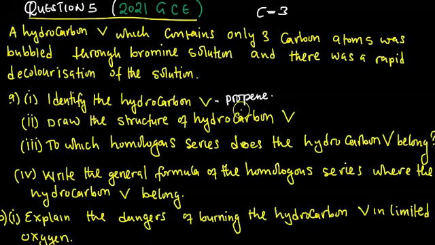Now, if you are told to draw the structure of a compound, it means that you have to show the bonds. For sure, this one has 3 carbons, and you know that alkenes have a double bond between 2 carbons. Normally, when you are drawing the structure, you start by putting up the carbon chain. 3 carbons, and between two of them there's a double bond.